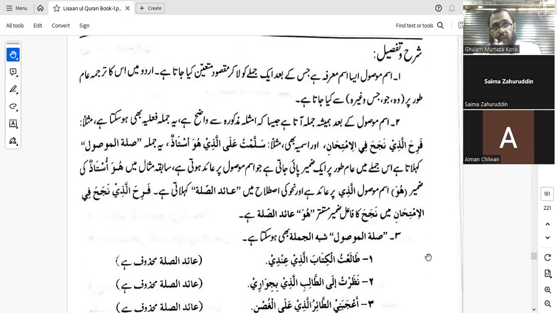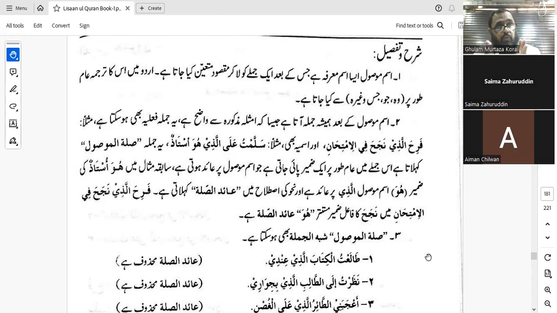Now al-ismul mawsul, when it comes after a noun, whatever comes after ismul mawsul is either a complete sentence, jumlatun fa'liyatun or jumlatun ismiyatun, or shibul jumla. That is known as silatul mawsul.